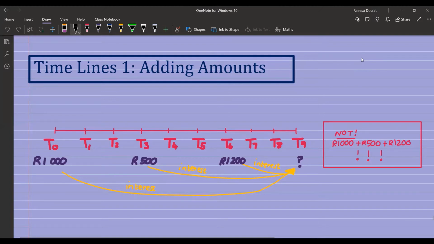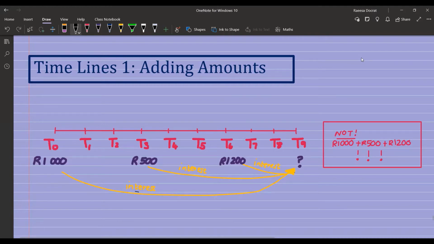What we're going to do is take each amount that we added to the end of the time period, accumulating the interest it would have gotten for staying in that bank account for that period of time. For example, the 1,000 Rand would be in for the full period and it would collect the full interest.